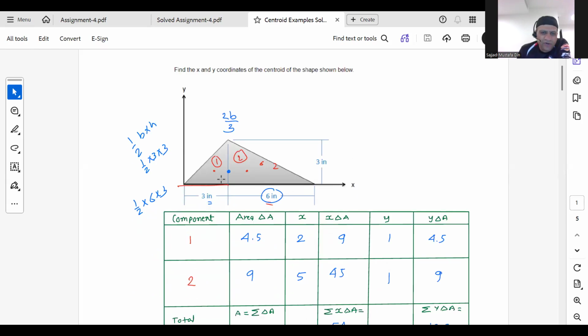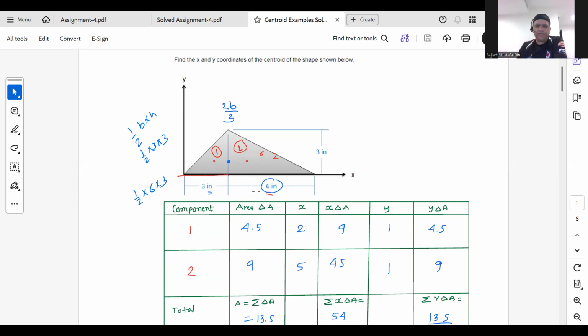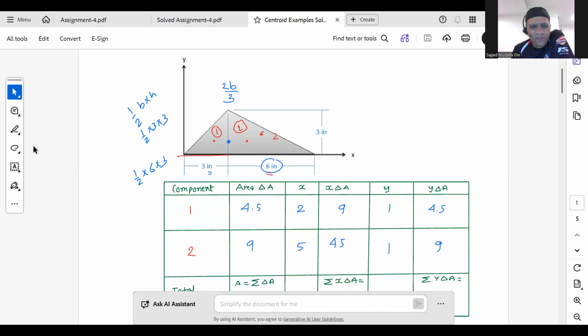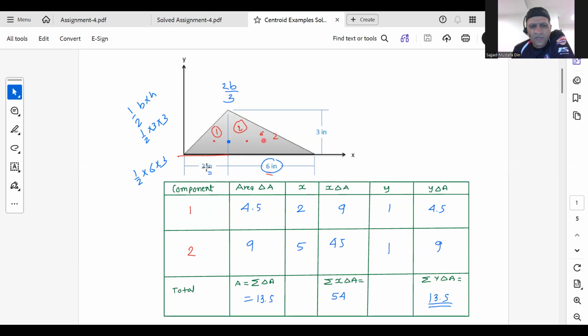Now, based on the area of triangles, you can calculate the area as 4.5 for component 1 and 9 for component 2. You've got the height, you've got the base, both. And so you can use that information, and you also know what the x component or the y component would be for a triangle.